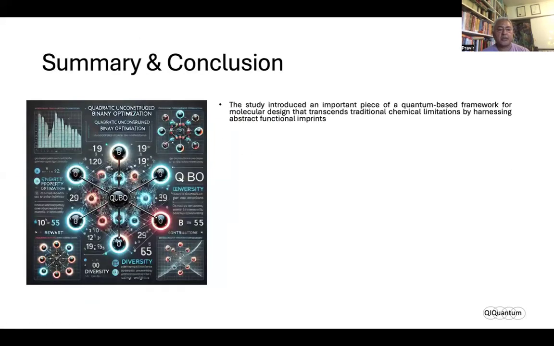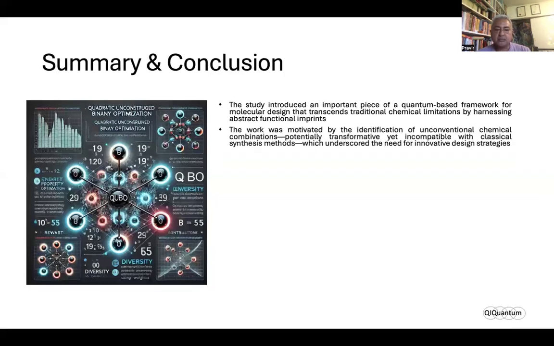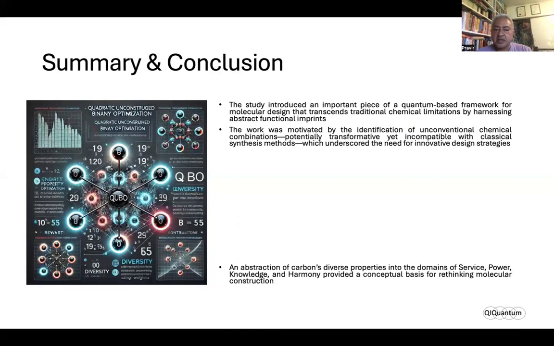So just summarizing and concluding, this study introduces an important piece of a quantum-based framework for molecular design that hypothetically transcends traditional chemical limitations by harnessing abstract functional imprints. The work was motivated by identification of unconventional chemical combinations, which underscore the need for innovative design strategies.